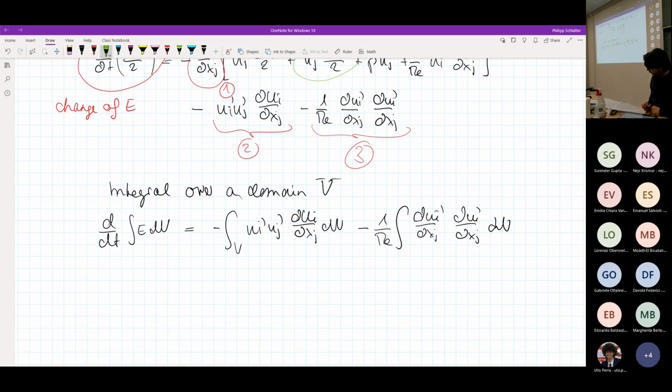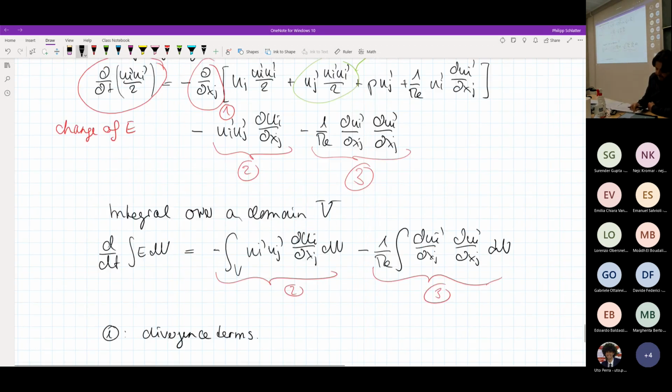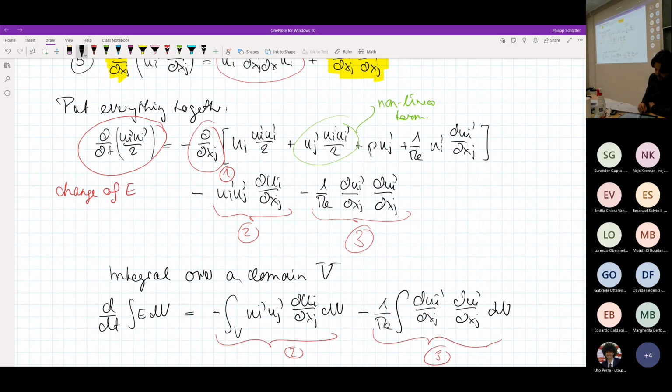So yeah, what is left here is term number 2 and term number 3. So yeah, what happened to terms number 1? Well, as I said, these were divergence terms. So they're all having a ddxj in front of it.